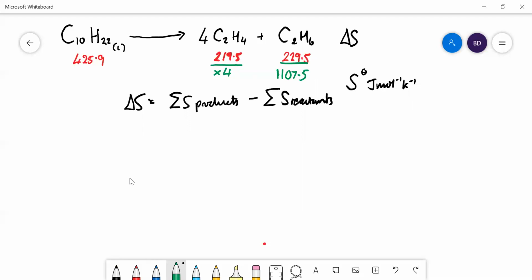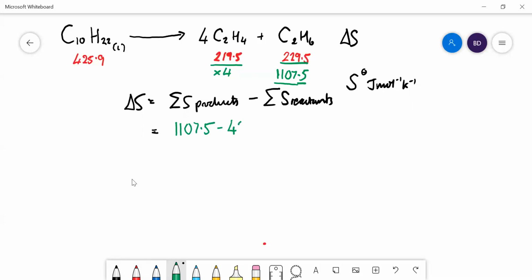So that is 4 times 219.5 plus 229.5. And here, there's only one reactant, which makes things easy. It's 425.9.